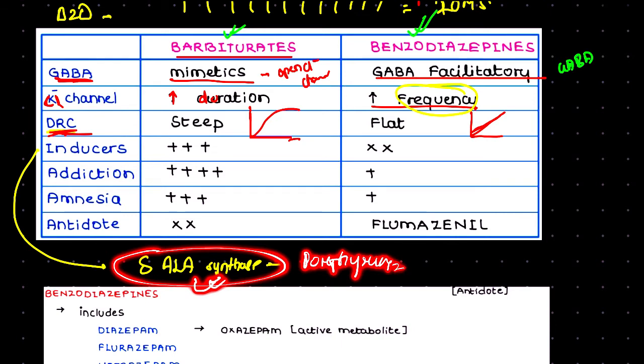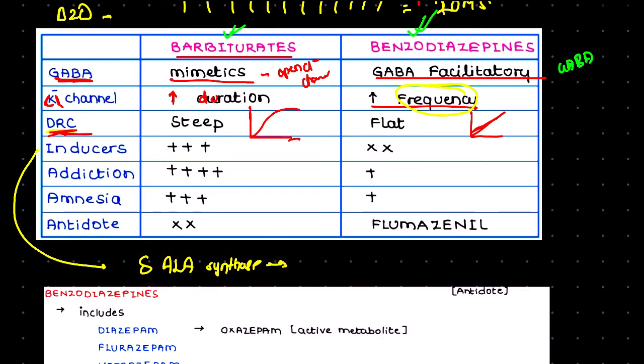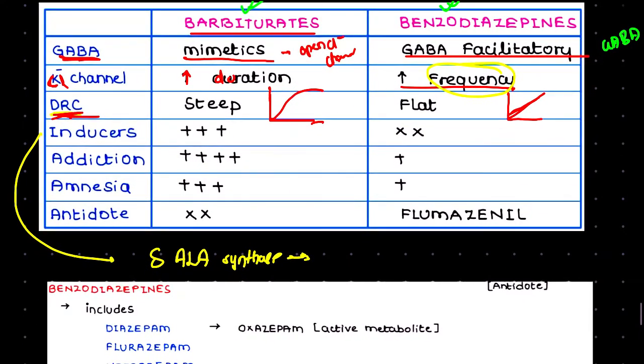So when an individual is given barbiturates, this will cause stimulation of aminolevulinic acid synthase. If there is excessive stimulation of this rate limiting enzyme, then what will happen?